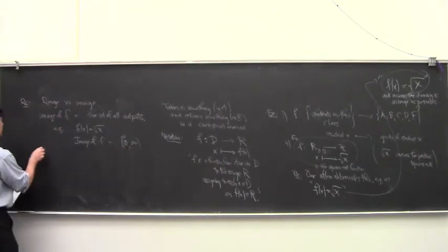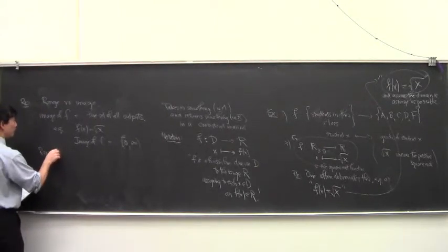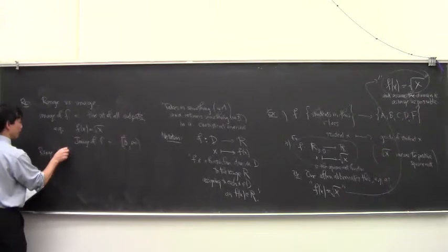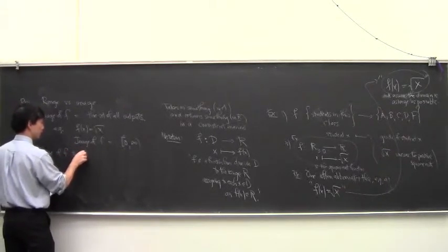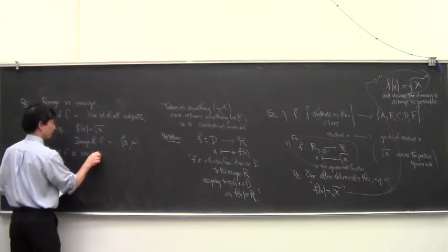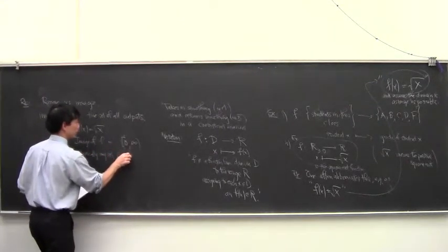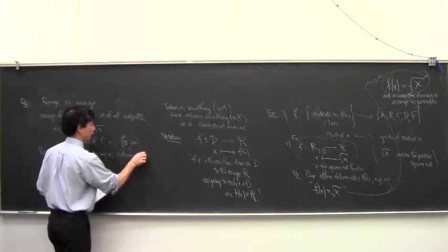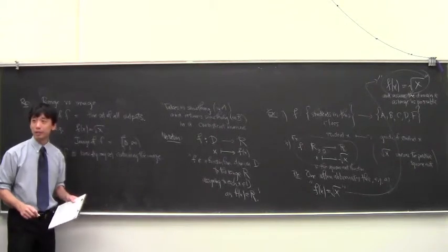So the range of f is basically any set containing the image. You don't have to be so precise about it, right?